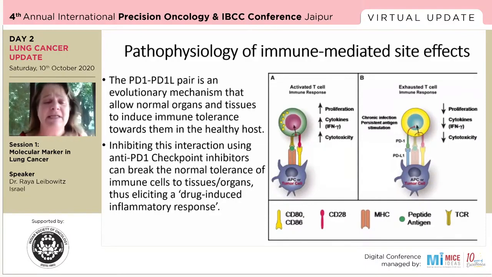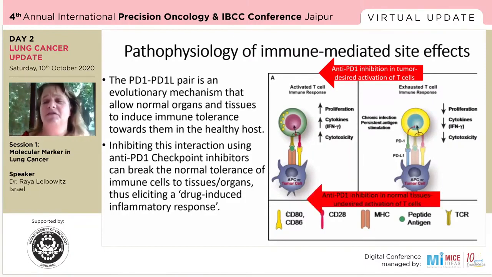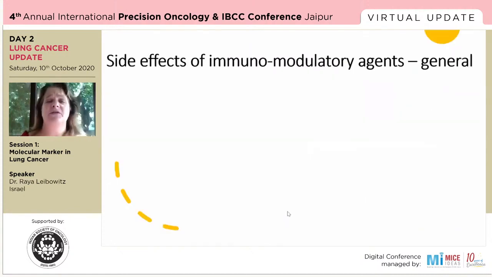And so inhibiting this interaction using anti-PD1 checkpoint inhibitors can break the normal tolerance of immune cells to tissues and organs, thus eliciting a drug-induced inflammatory response, if you will. So if we want to inhibit this pair in the tissue and to generate the desired activation of T cells, then this is in fact the same mechanism that allows for the toxicity.